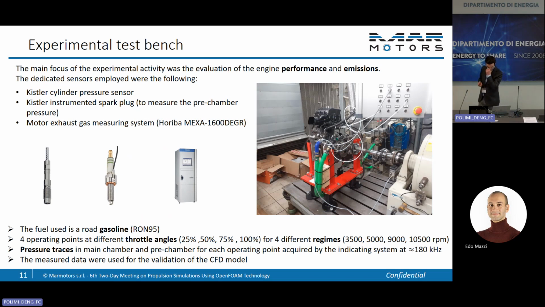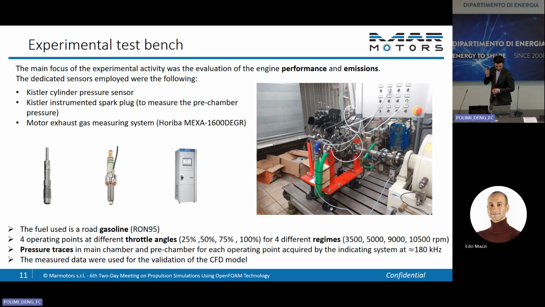So this is what we did in-house. We mounted the engine on a test bench to test especially the performance of the engine with the prechamber installed and the emissions, because the final aim of this engine was to be homologated, to be compliant with the latest emission regulation. The main sensors that we used were 2 kinds of sensors.